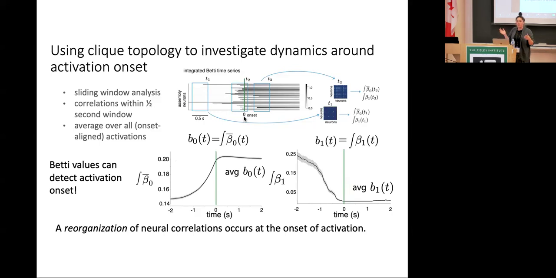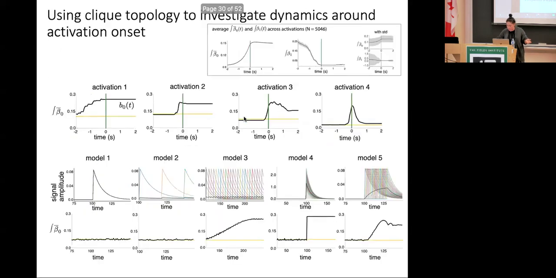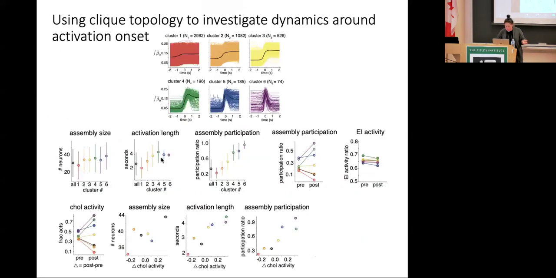Activations were on average about 3 seconds, some longer, some shorter. I think we have that somewhere here. Yeah, so maybe on average they're like 2 seconds, and the long ones are like 4 seconds. So part of the choice of the 2 seconds is coming from the activation lengths themselves. Does that answer it? Okay.